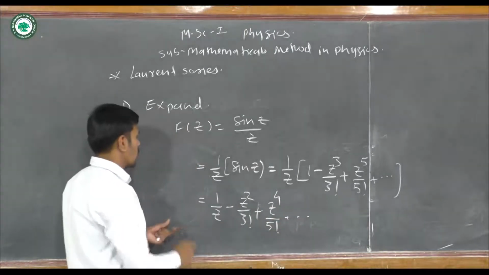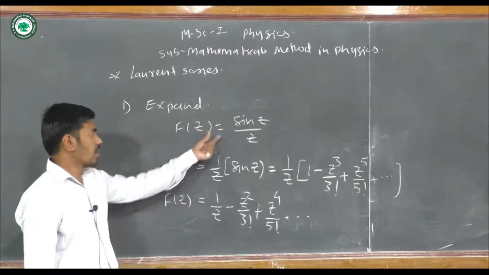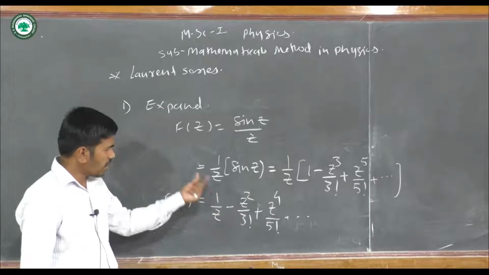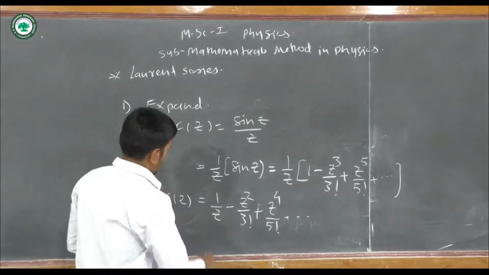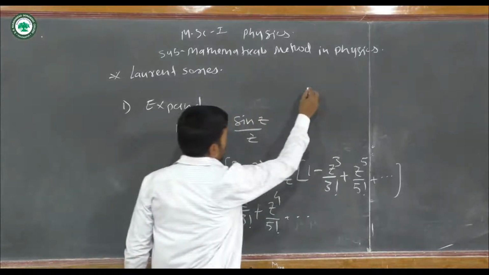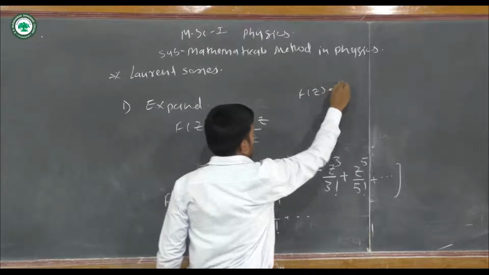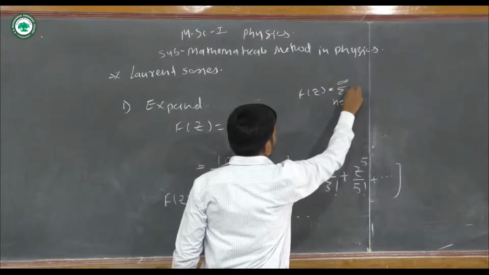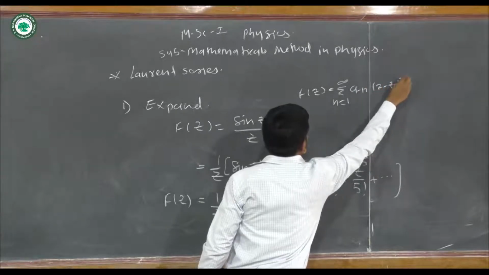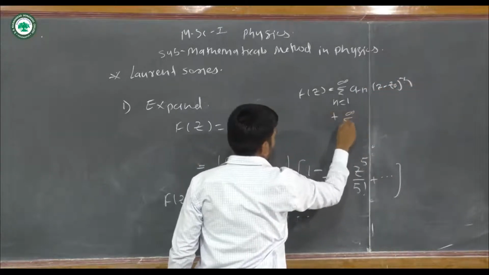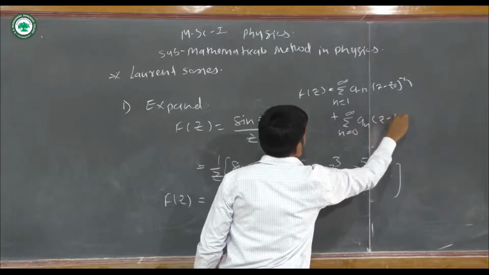This is the expansion of this function. If we compare with the series, f of z equals the summation over n equal to 1 of a minus n times z minus z naught to the power minus n, plus the analytic part in z minus z naught.